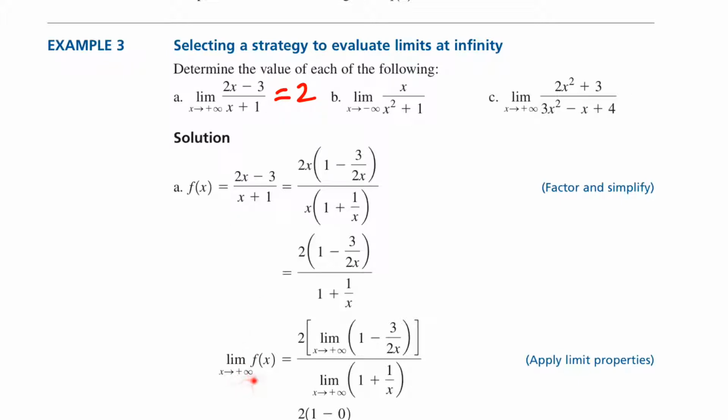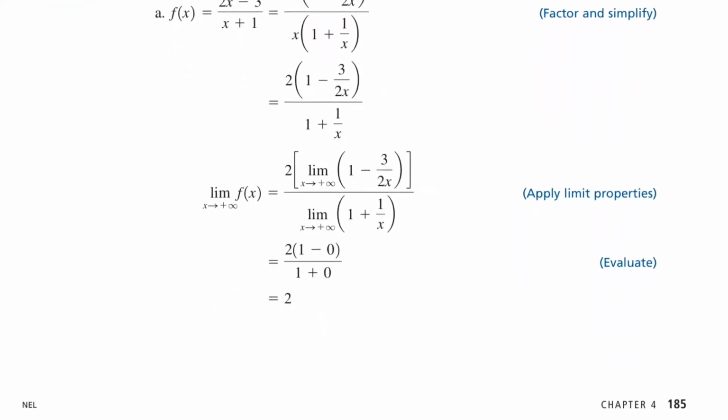The limit would be the limit of 2 times 1 minus 3 over 2x divided by 1 plus 1 over x as x approaches infinity. If we use properties of limits, this limit is the limit of the numerator divided by the limit of the denominator. When x approaches infinity, 1 over x approaches 0. 3 over 2x is also approaching 0. Therefore, the limit is 2.